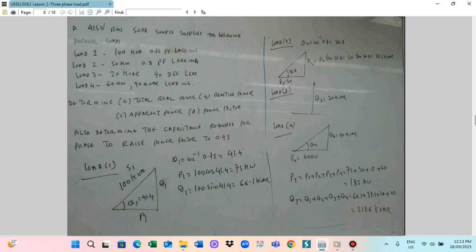Then you get the Q total, the total kVAR. So this is 66.1 plus 37.5 plus 20 plus 90, so 213.6.